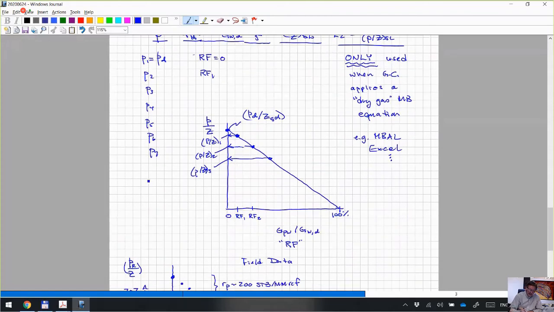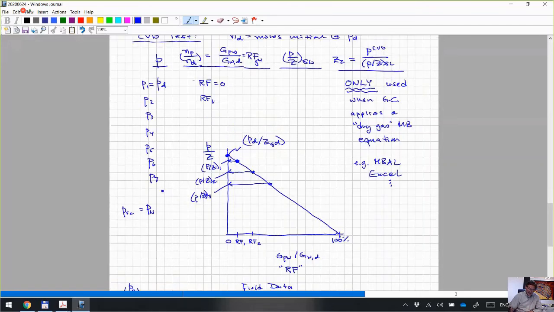And the reason for that is that if your last stage here was atmospheric, for example, then the recovery here is less than 100% because you've got condensate left in the cell, right? This last number might be a number between 85 and 98%.